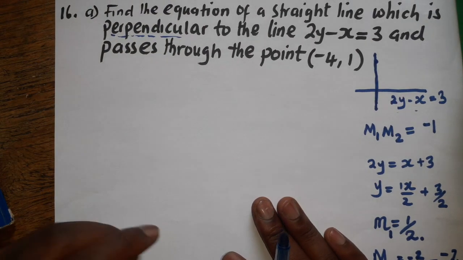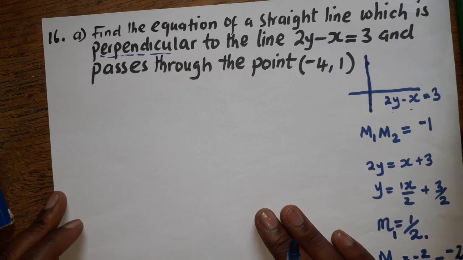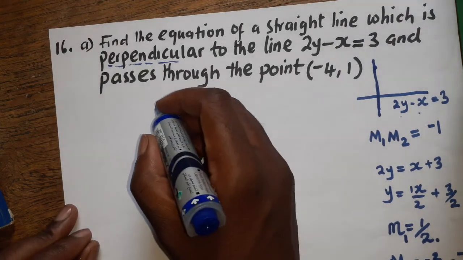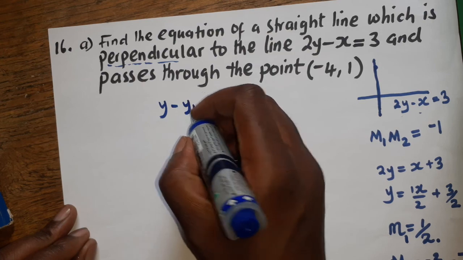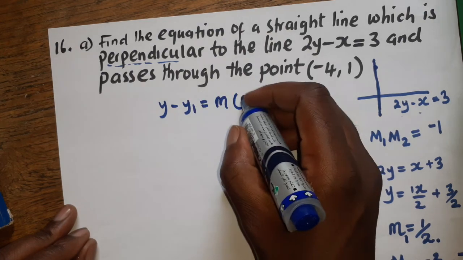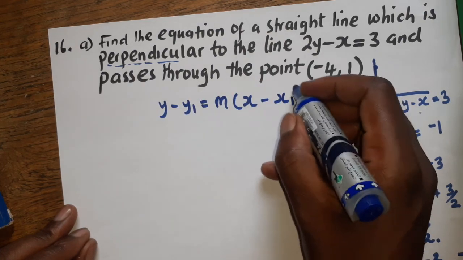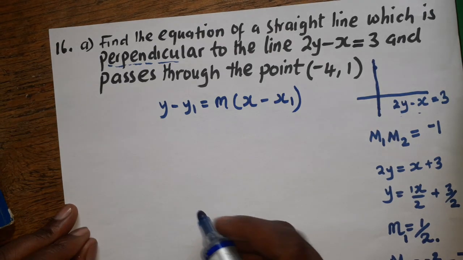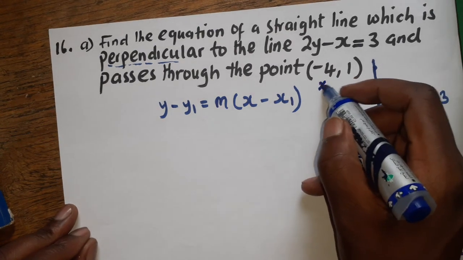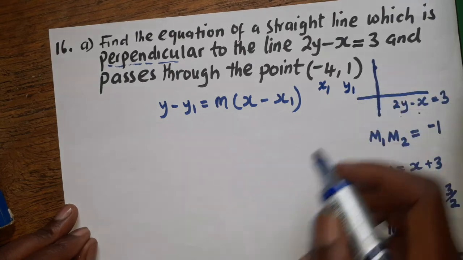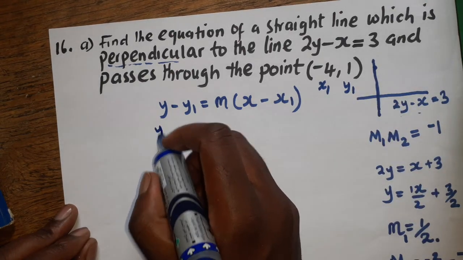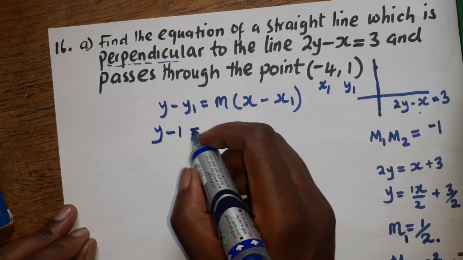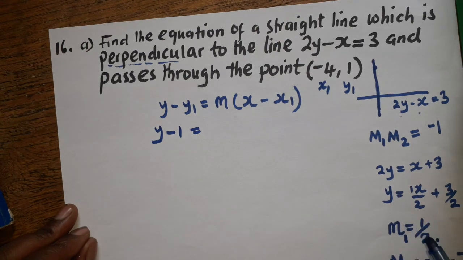So now, we need now to write the equation using the formula, isn't it? So we take this one as our x1, this one as our y1. So we have y minus 1 is equals to our m.